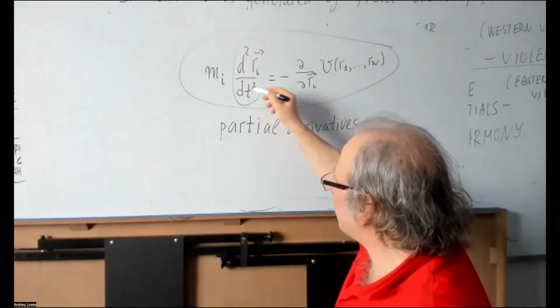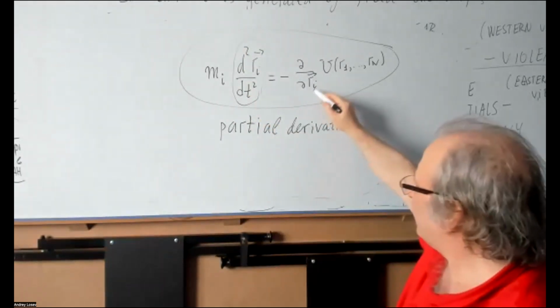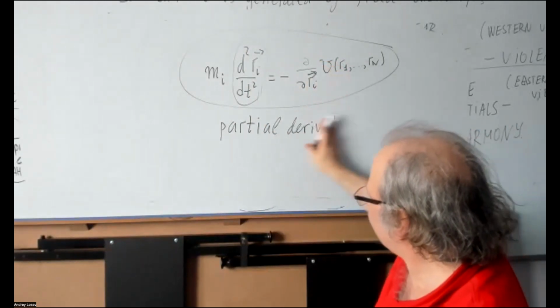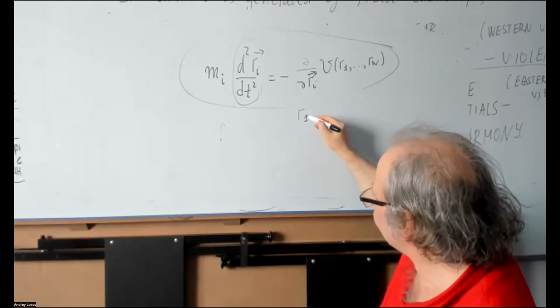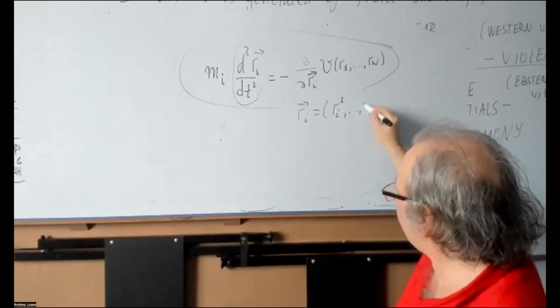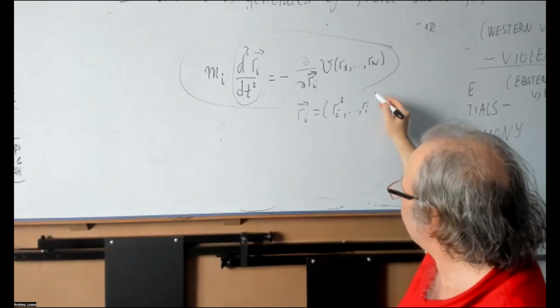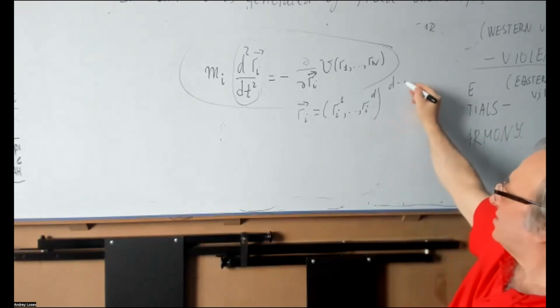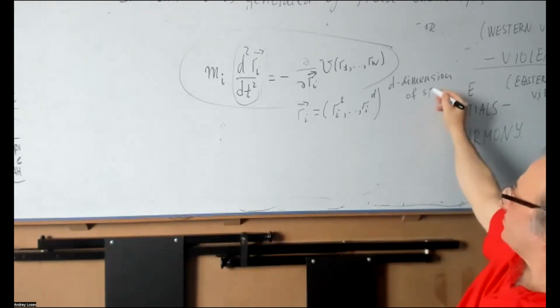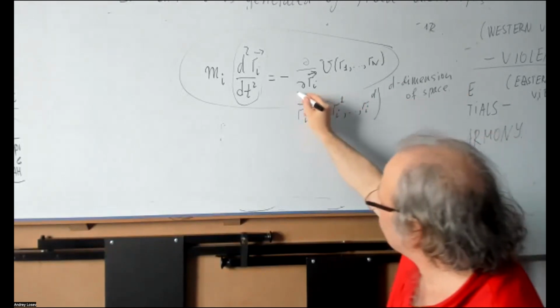Here I have the second derivative in time. Here I'm using this symbol d over dr_i. So what does it mean? The particle r_i is a set of coordinates r_i1, etc., r_iD. D is the dimension of space. So what does this symbol mean?